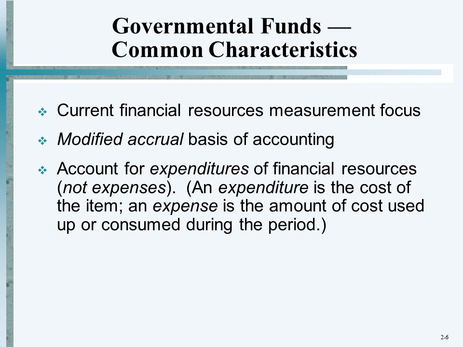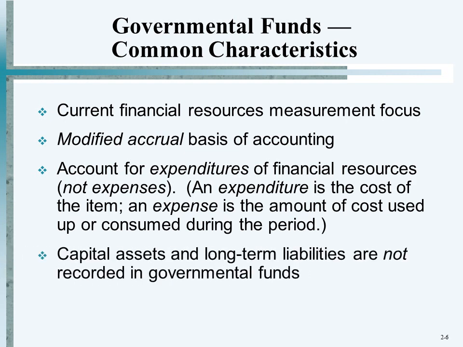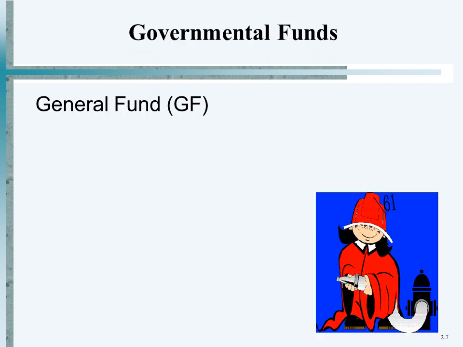An expense is the amount of a cost used up or consumed during the period. We'll get more in depth on that later on. But expenditures are accounted for under the modified accrual basis when they are payable using current financial resources. As I mentioned earlier, capital assets and long-term liabilities are not in governmental funds.